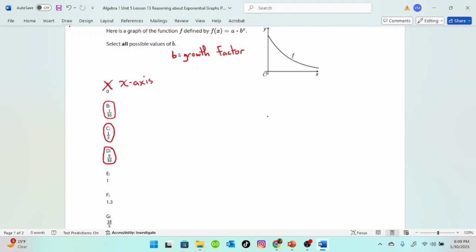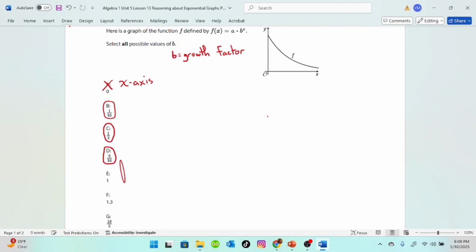E says we're going to have a growth factor of 1. Well, if I continually multiply by 1, then my y value is never going to change. It's going to stay whatever the initial amount is.